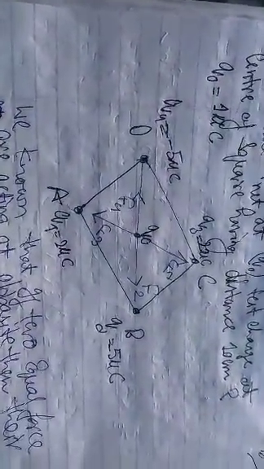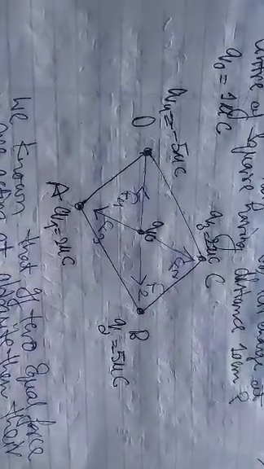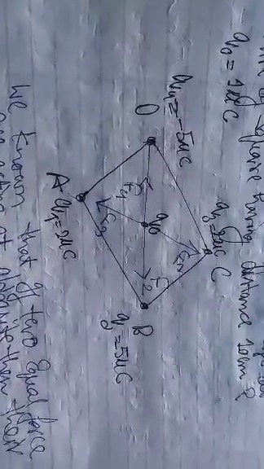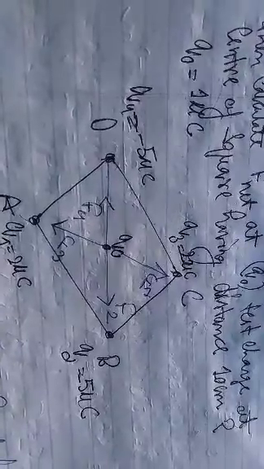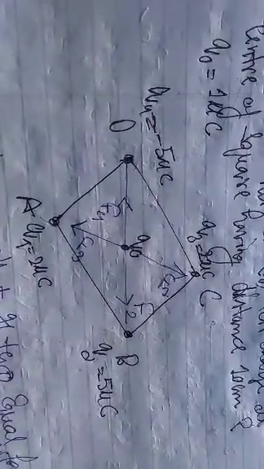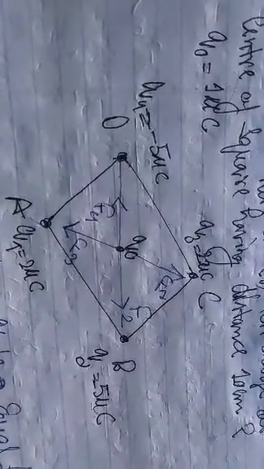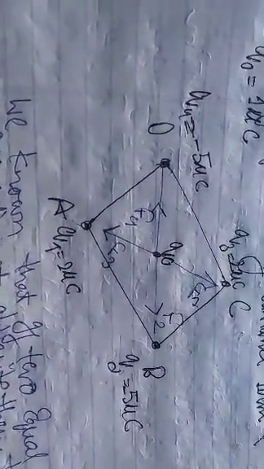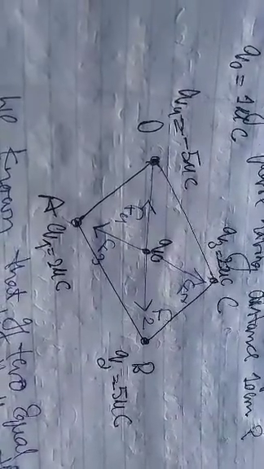The charge q1, that is 2 microcoulomb, is a positive charge, and q2, that is minus 5 microcoulomb, is a negative charge. Q3 is also plus 2 microcoulomb, and q4 is minus 5 microcoulomb. We have to know that charges of the same nature repel each other and charges of opposite nature attract each other.